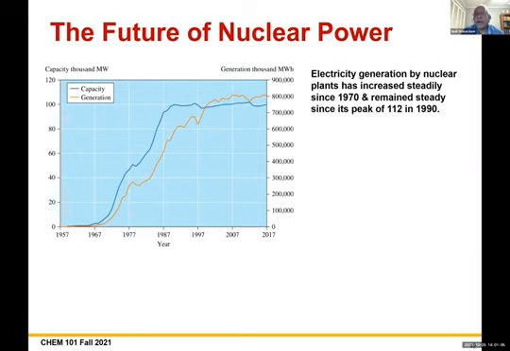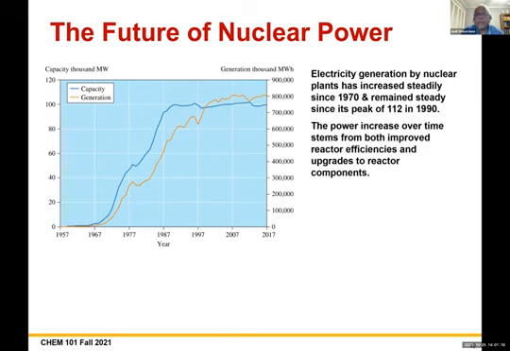However, electricity generated from existing nuclear power plants increased. The power increase over time stems from both improvement in reactor efficiencies and upgrades to the reactor components. They are repairing and maintaining them more efficiently right now.